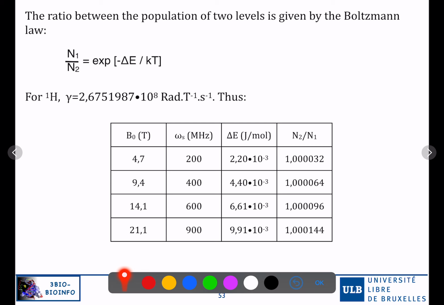And due to this difference in population in the two energy levels, you will observe a global magnetization. Another thing that I have to say is that here in the Boltzmann equation, K is the Boltzmann constant, and T is the temperature, of course.